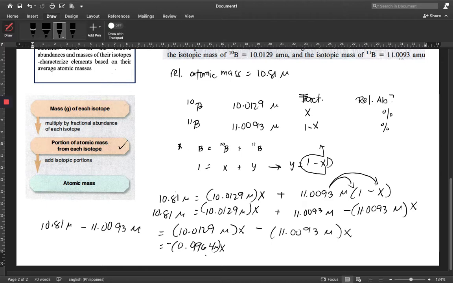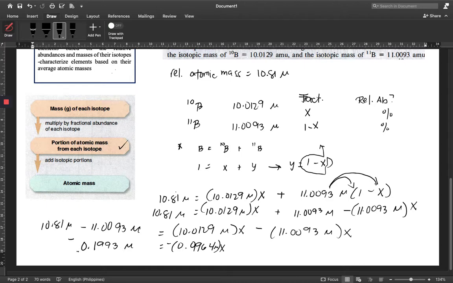And on the other side, 10.81 minus 11.0093, that is basically negative 0.1993 amu.